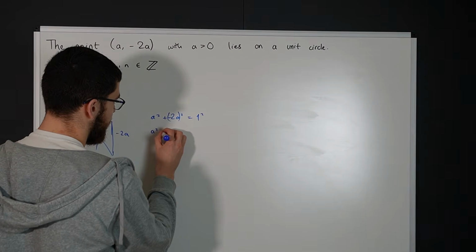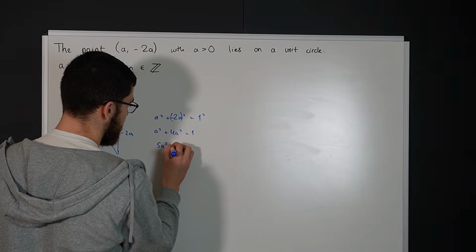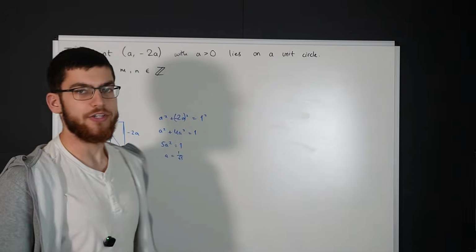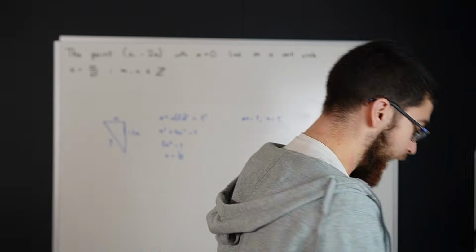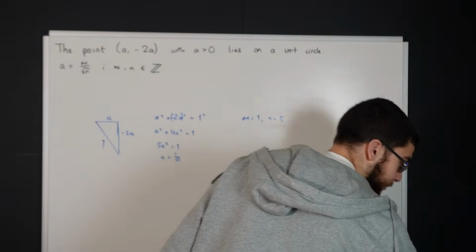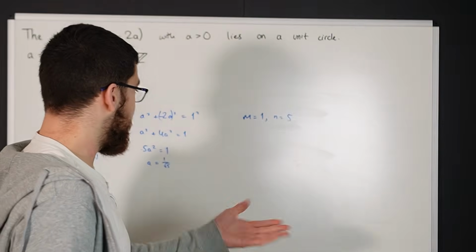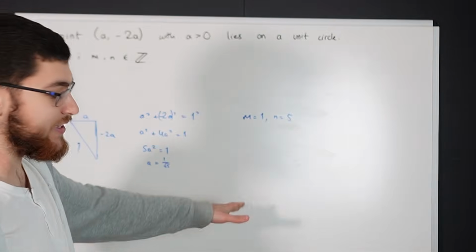A squared plus 4A squared equals 1. So 5A squared equals 1. So A equals 1 over root 5. That's literally it. m is 1, n is 5. Is that correct? I hope that Canada does have harder problems than this, and this is just a ChatGPT moment. But honestly, 1 and 5, yeah, that's the right answer. So Canada, your question was way too easy, okay?